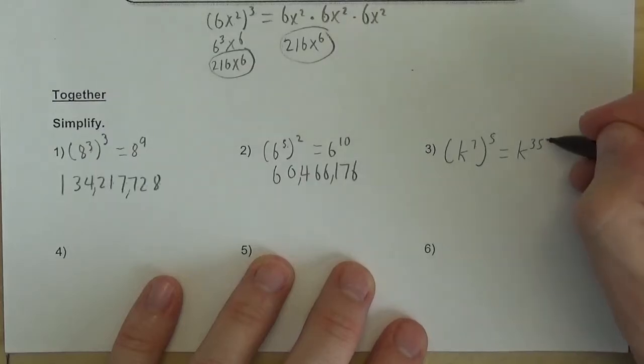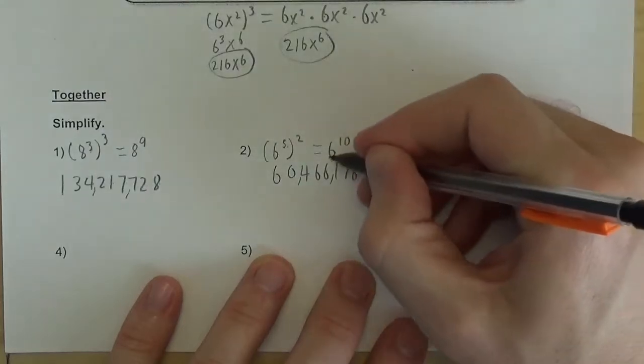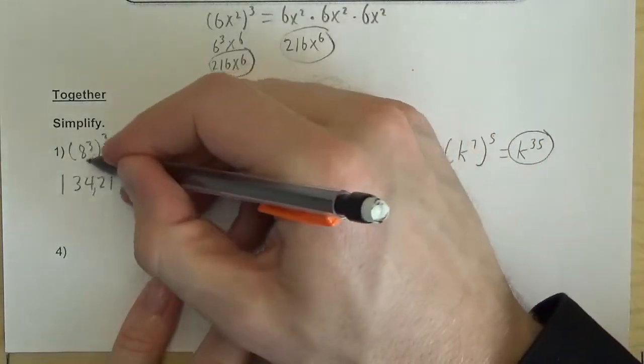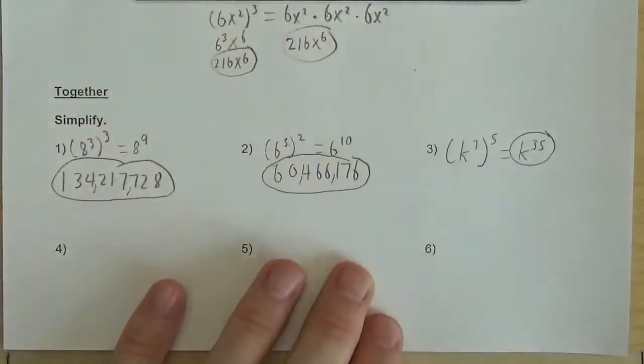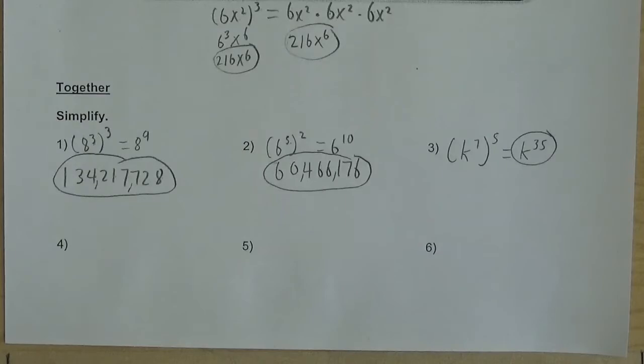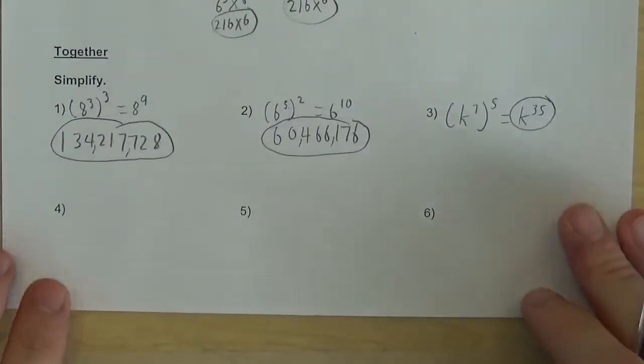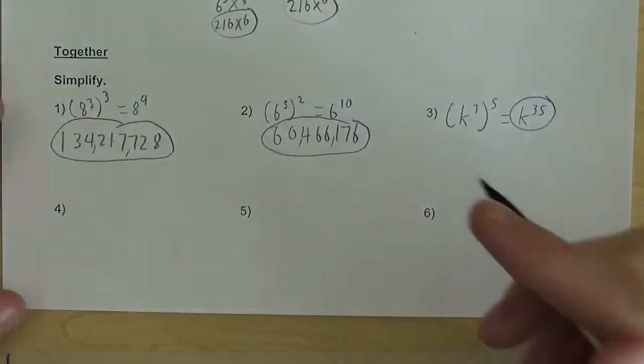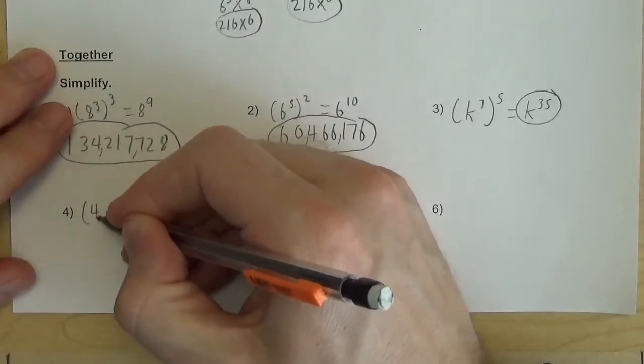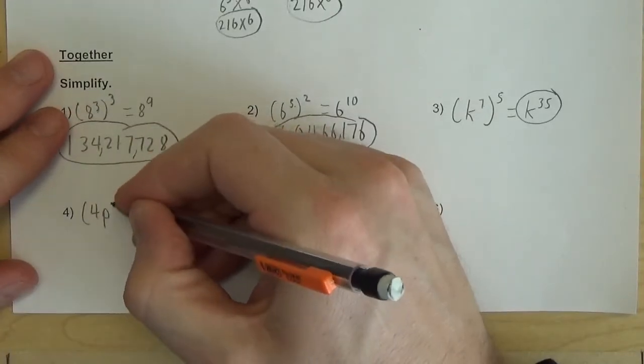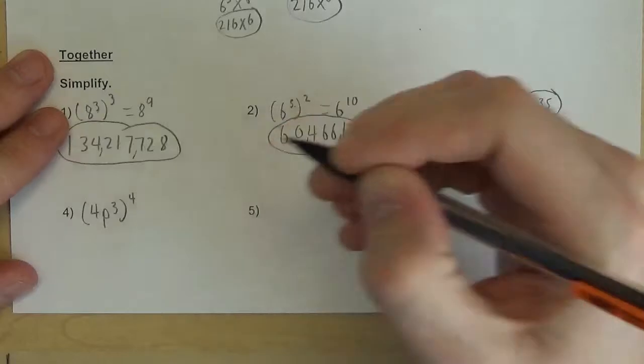It's a good thing that's not a real number, otherwise it probably wouldn't fit on the calculator. So if it's a variable, we just leave it with that exponent because we don't know what k equals.